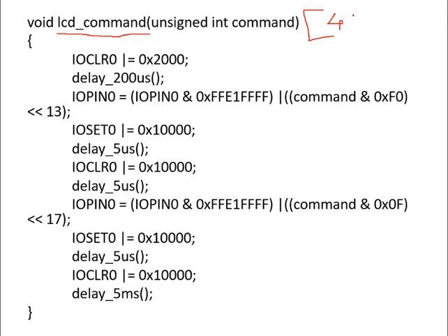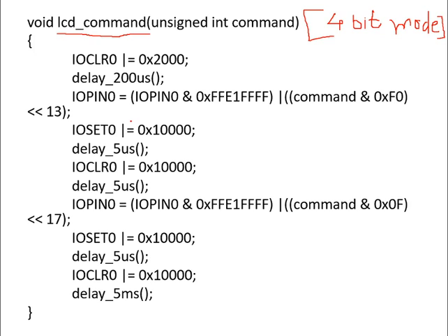You remember that this is 4-bit LCD interfacing. The LCD actually has 8 data lines, but we are using it in 4-bit mode. 4-bit mode means we are saving 4 pins. Instead of sending the data by 8-bit, we are sending it using 4-bit only.